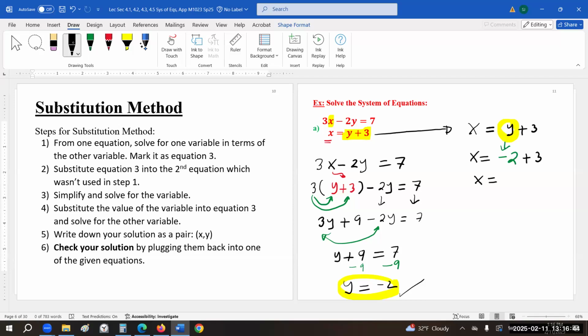And then what? 1. So we found our y value, we found our x value. Now we can write down our answer. Our solution for these two lines where they intersect is x equals 1, y equals negative 2.